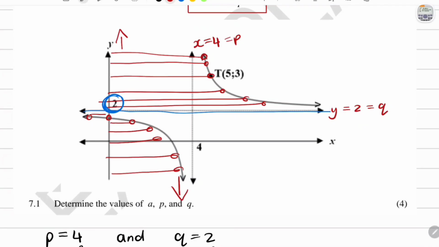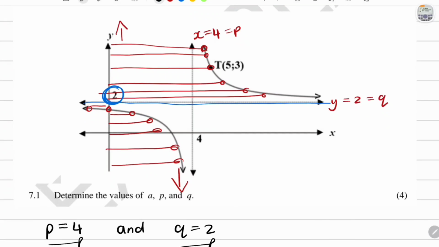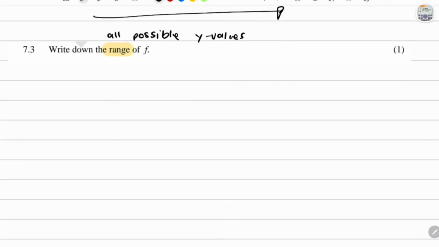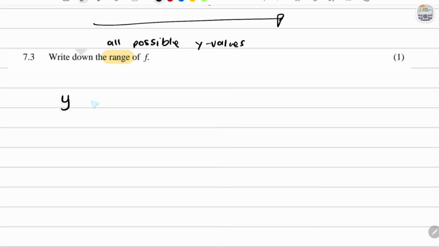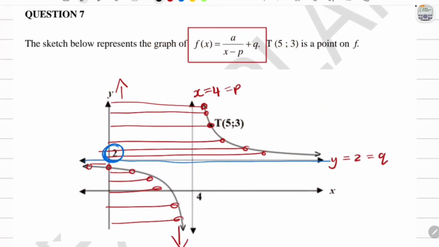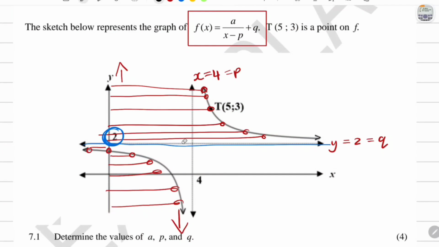Because you keep having every single y value, and the only y value you don't have is 2, your range of f is y is an element of all real numbers, but y must not be equal to that asymptote 2. That's the only place you will never have a y value.